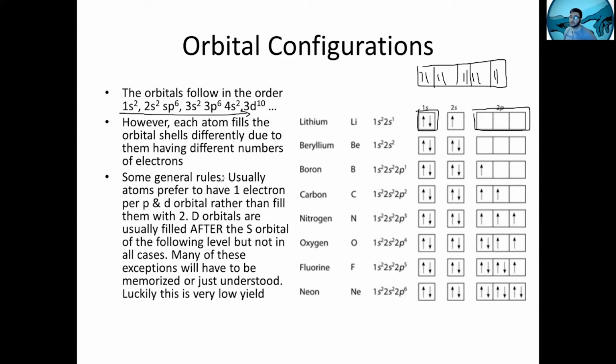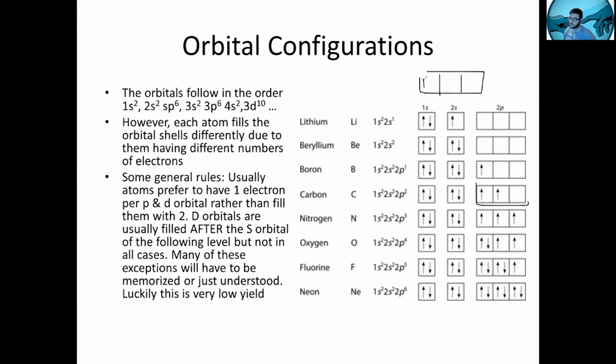So the general rule is usually atoms prefer to have 1 electron per box rather than start filling up the boxes any differently. For example, we can take carbon over here. I'm going to draw it again. It has 2 electrons that go into this P shell because these are filled, but it only has 2 to fill this P shell, which normally has 6.